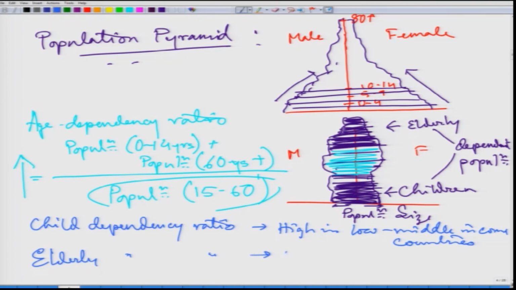Elderly dependency ratio is high in developed countries, because of lower birth rate.